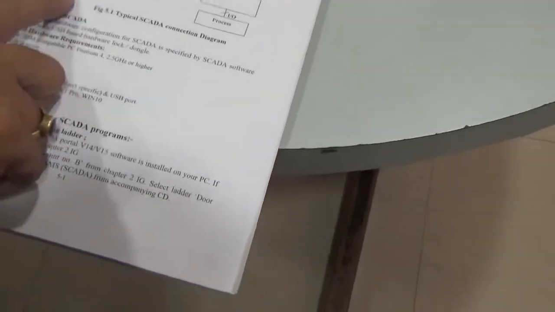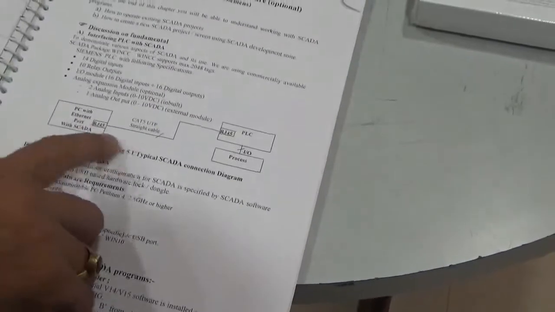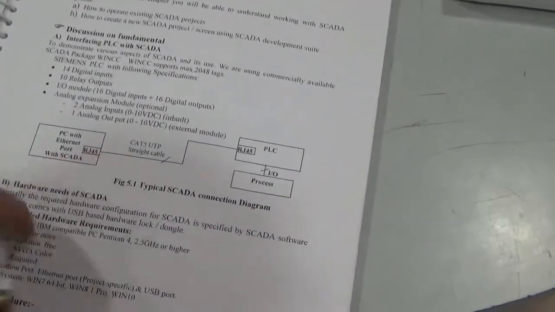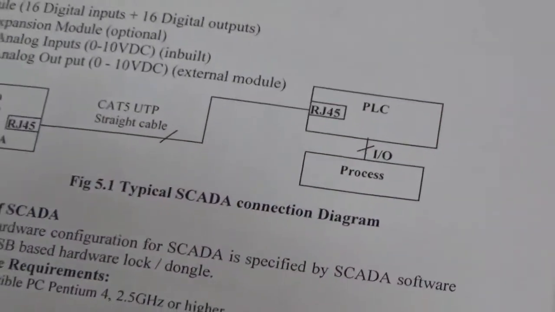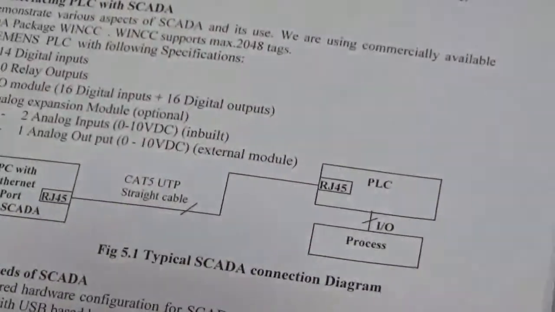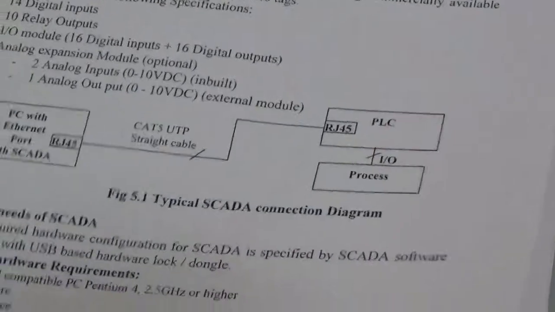For this you should connect one RJ45 cable from PC to PLC at the time of downloading, as well as for SCADA installation also. Here this is the downloading procedure. This is the installation of SCADA. WinCC software we have provided.